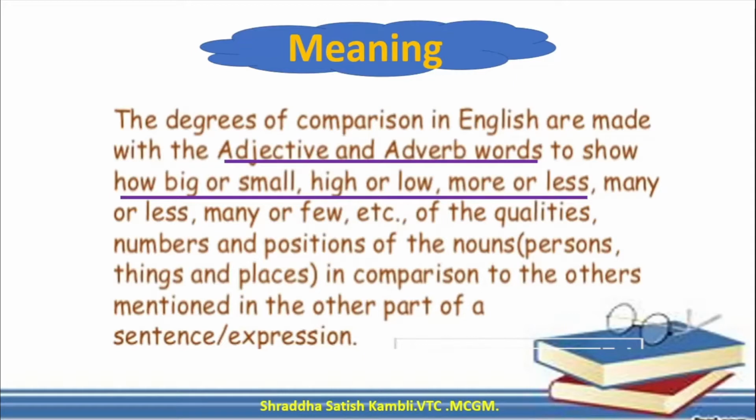Okay, so basically what are degrees of comparison? Degrees of comparison, as the name suggests, is nothing but a way in which we compare things. Alright, and we bring out the differences in qualities of things. So this is the meaning in short about the degrees of comparison.